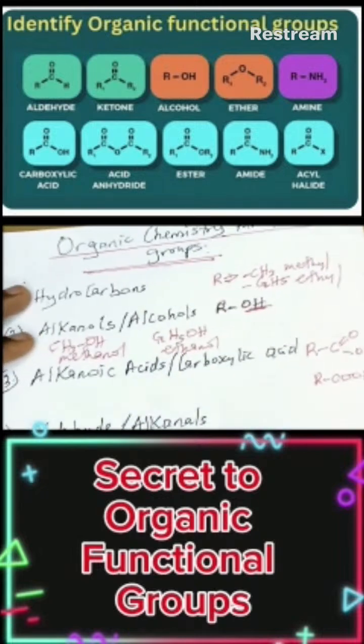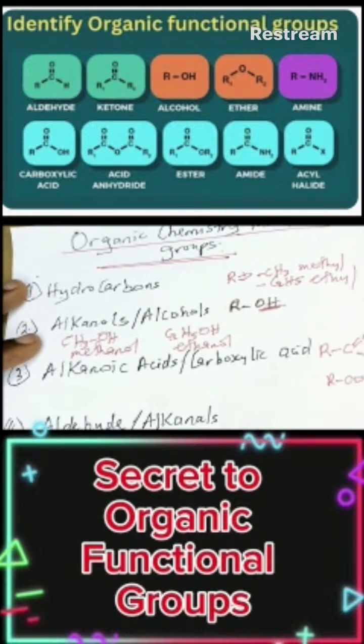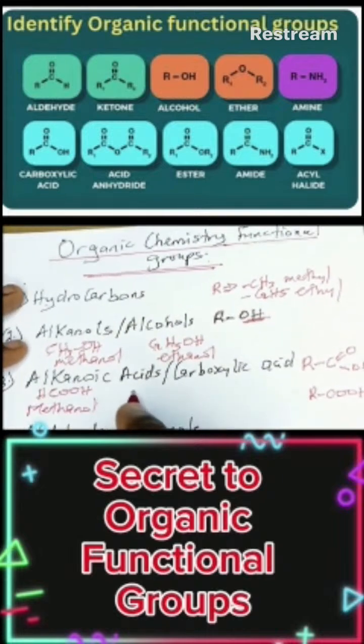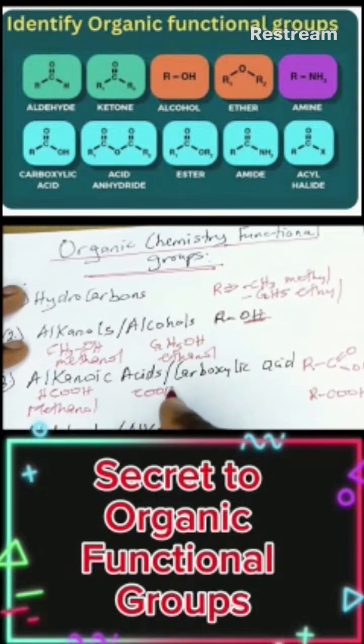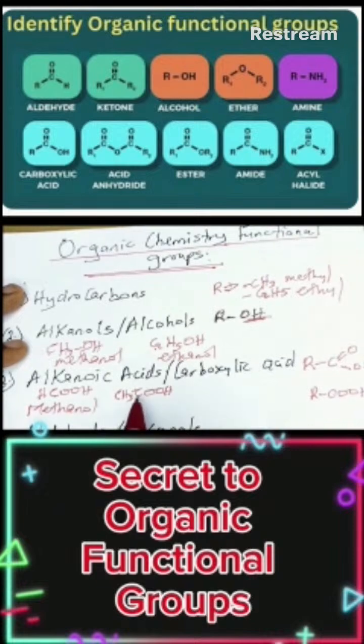Now, different members of alkanoic acids can be named. When there is 1 C here, COOH, with H, it is called methanoic acid. When there are 2 C's, COOH and another CH3, it means 1, 2, this is called ethanoic acid.